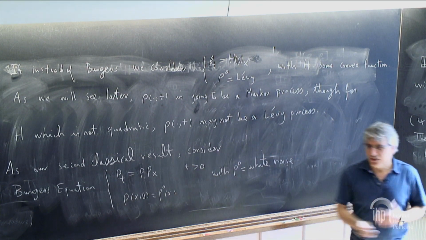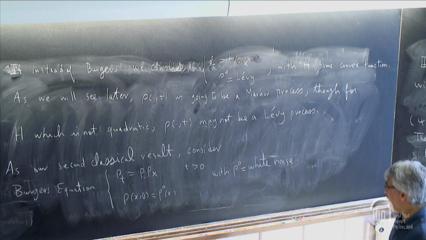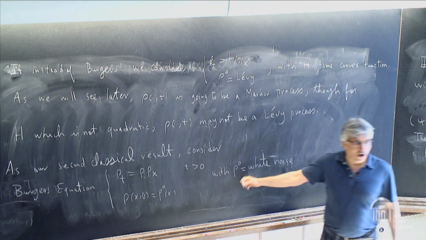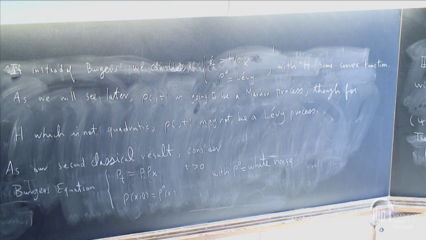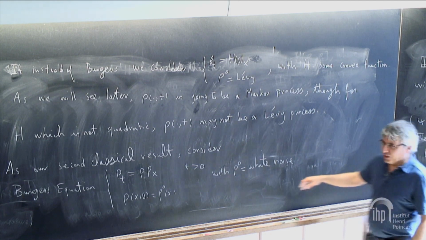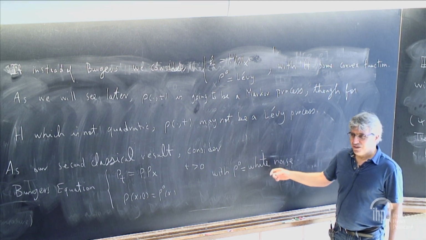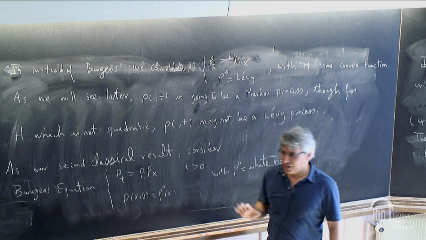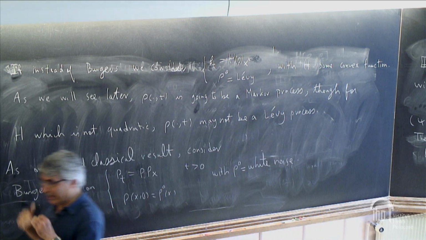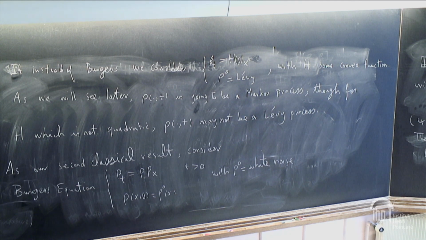But now this time initial condition is white noise. Now here it's not clear how to interpret this, because white noise, do I have positive jumps or negative jumps? It's not clear. Of course, you expect to have positives and negatives. So this somehow may not appear to be compatible with the previous discussion we had. Because previous discussion, we had the Lévy of only positive jumps. Here, I'm just starting with white noise.